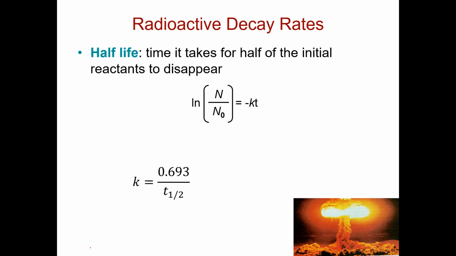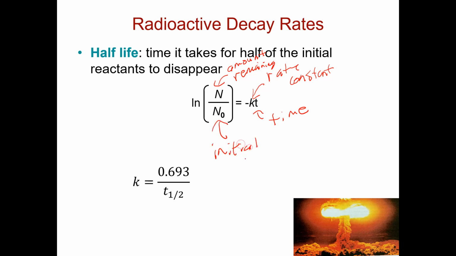So if we know the amount of time that has passed, and we know our rate constant, K here is a rate constant, then we can relate the amount of our substance that's remaining and the initial amount.